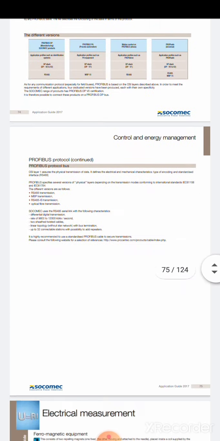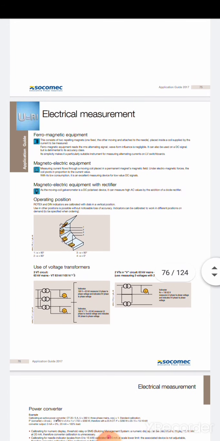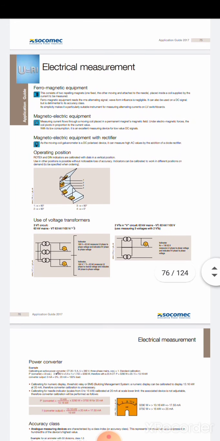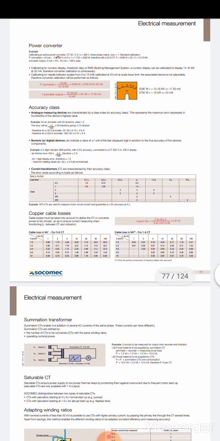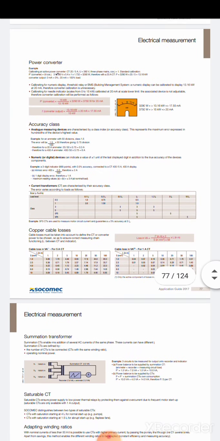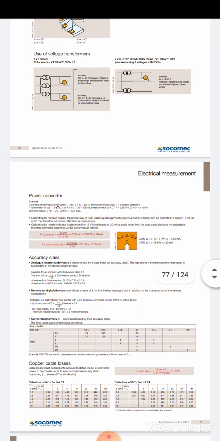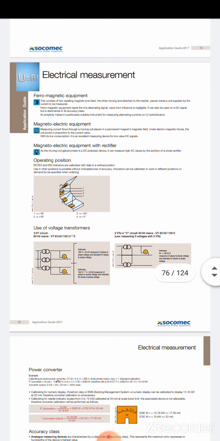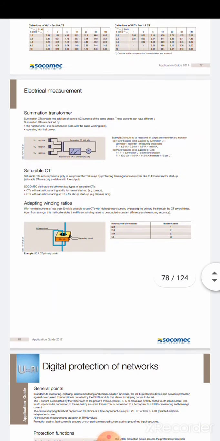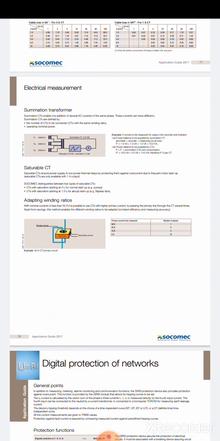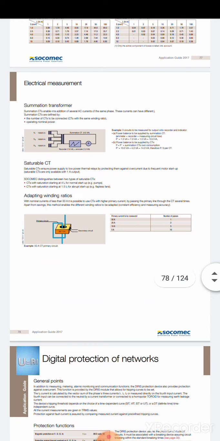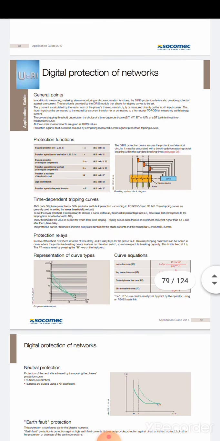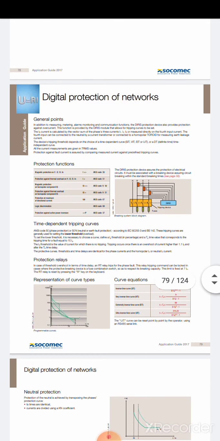Please remember that we are on page 76. We will talk about a little bit of the formulas, the accuracy class, copper cable losses, then electrical measurement, summation transformers, digital prediction of networks.